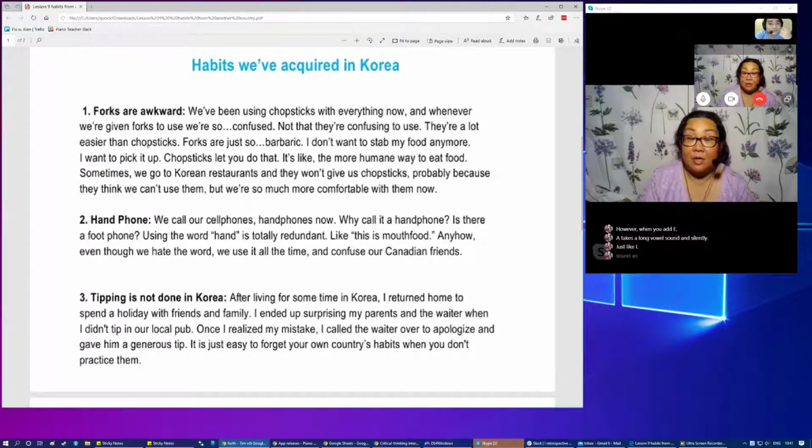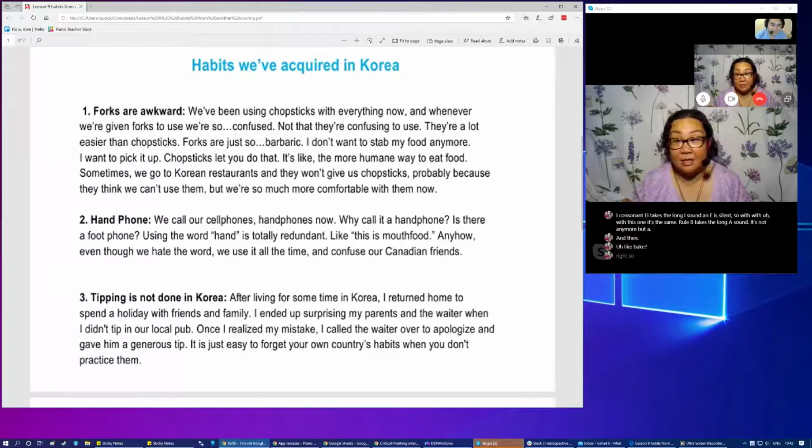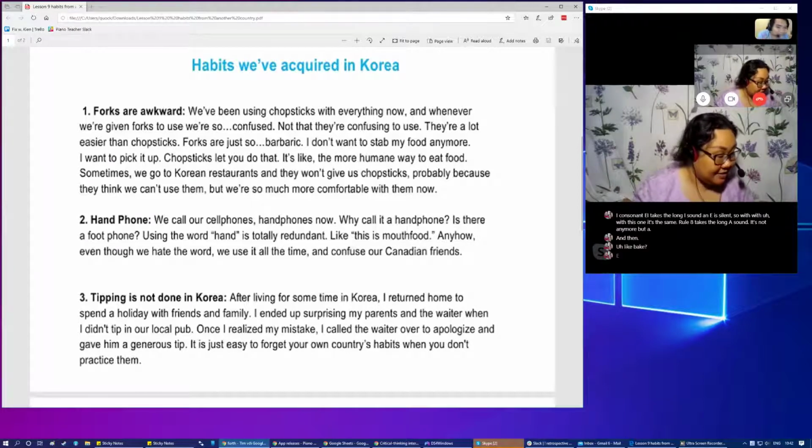So with this one, it's the same rule. A takes the long A sound. It's not ah anymore, but A, like bake, cake, right? So it becomes A sound and then K without the E at the end. E becomes silent.